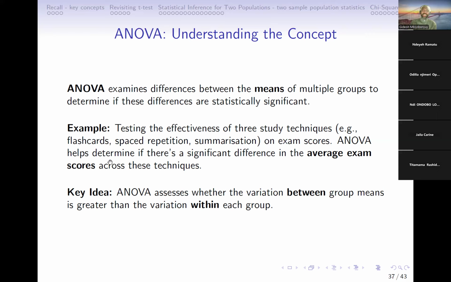So ANOVA can help us determine if there is a significant difference in the average exam scores across these techniques. The idea is that you assess whether the variation between groups is greater than the variation within each group.